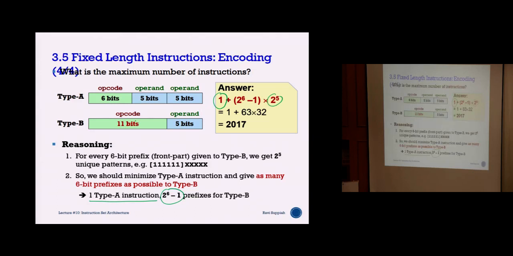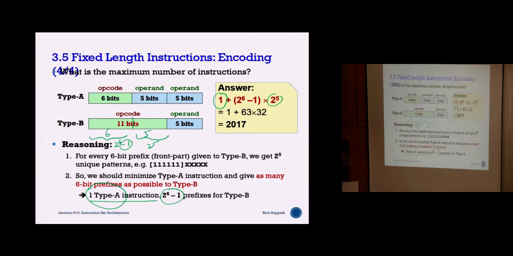Why 2 to the power of 5? Because this is 6 and 5 here, correct? So here I have all the 2 to the power of 5 combinations, and here I have 2 to the power of 6 but minus 1, because this 1 is reserved for the type A instruction.